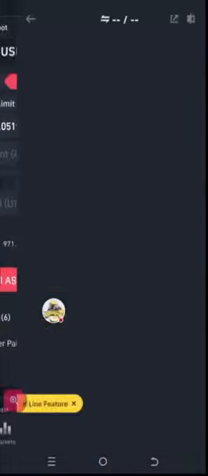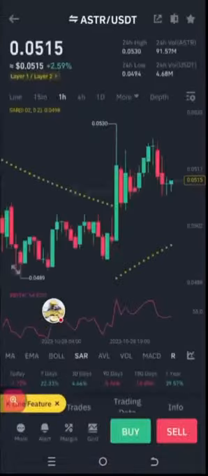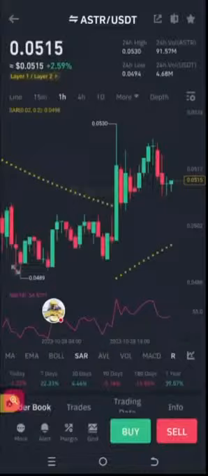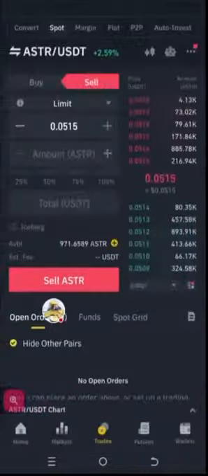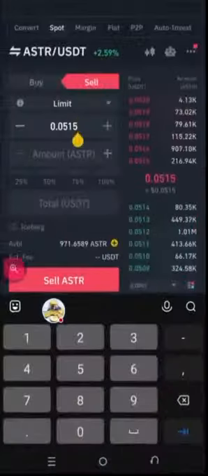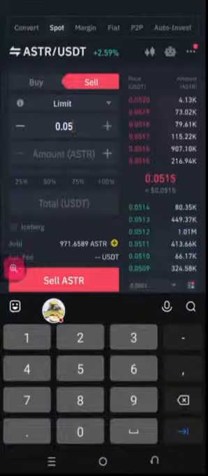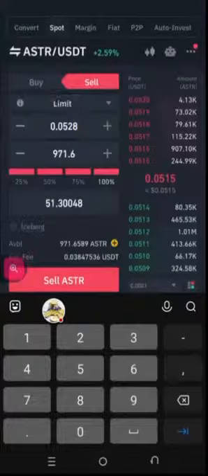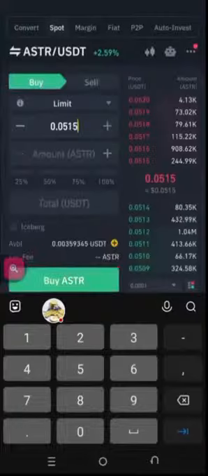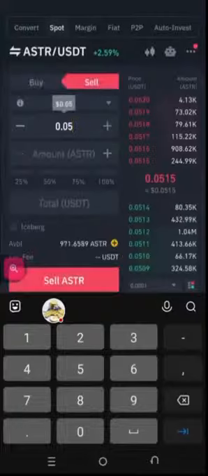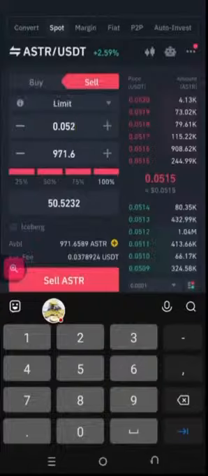Let's sell. What's the highest? 530. Okay. So let's just put 528. Let's see what 52 will give us.